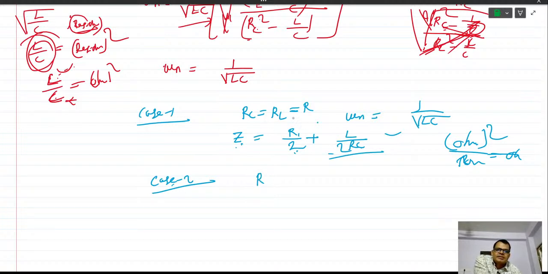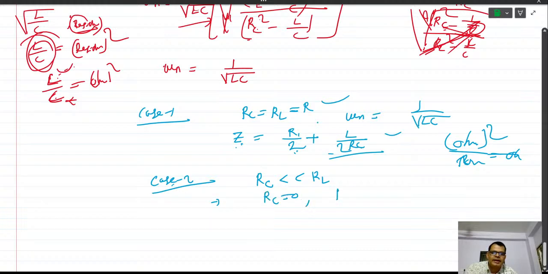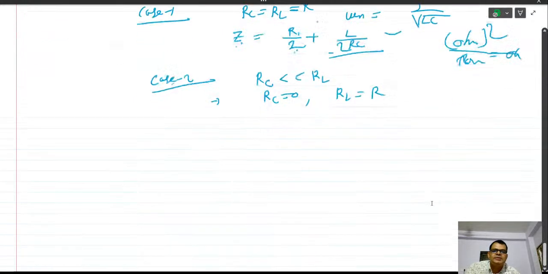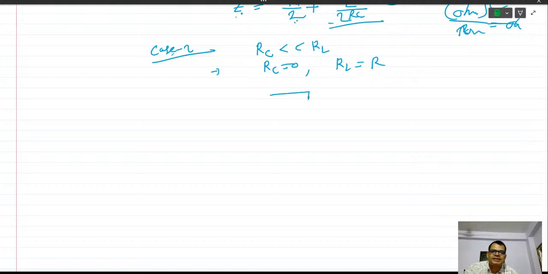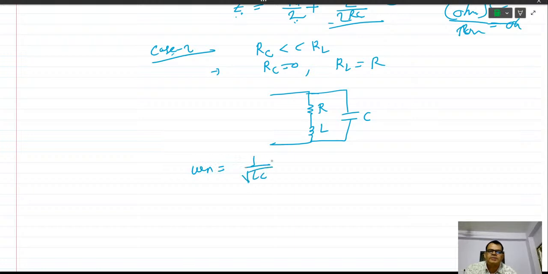Case 1 rarely happens, but as the capacitor drop is very less than the series resistance of the inductor, we can safely assume that RC equal to 0 and RL equal to R. That means your resonance circuit, that is the tank circuit, is like this: R, L and C. So obviously omega n will be the 1 upon LC root over, just put RC equal to 0 and RL equal to R.